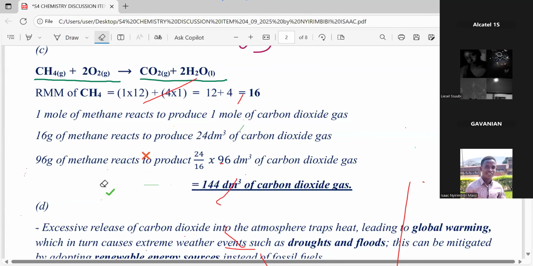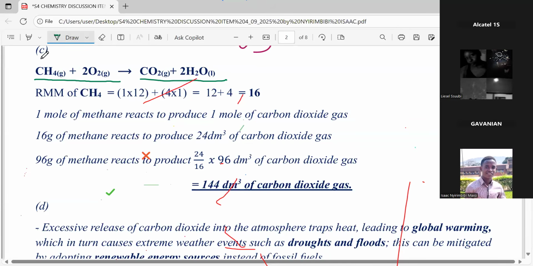Okay, are you still there? In stoichiometry we have to write a balanced equation. Is this equation balanced? It is balanced: we have one carbon atom, and we have put a 2 here and a 2 here.